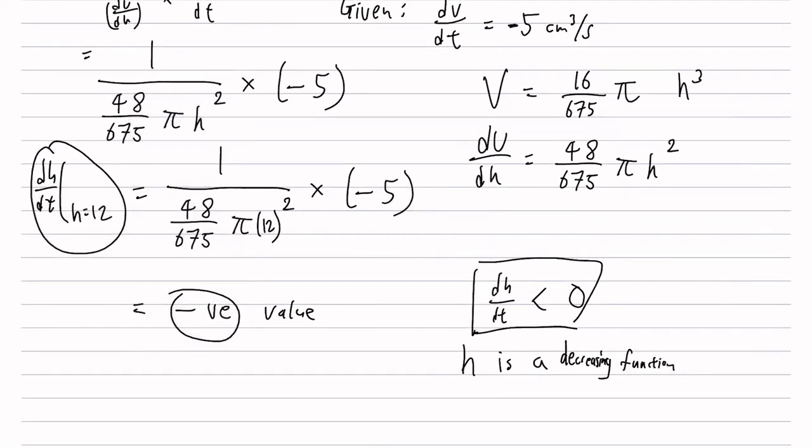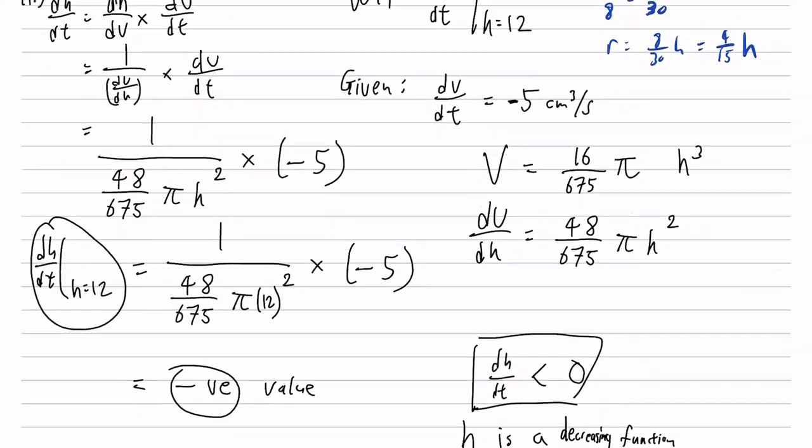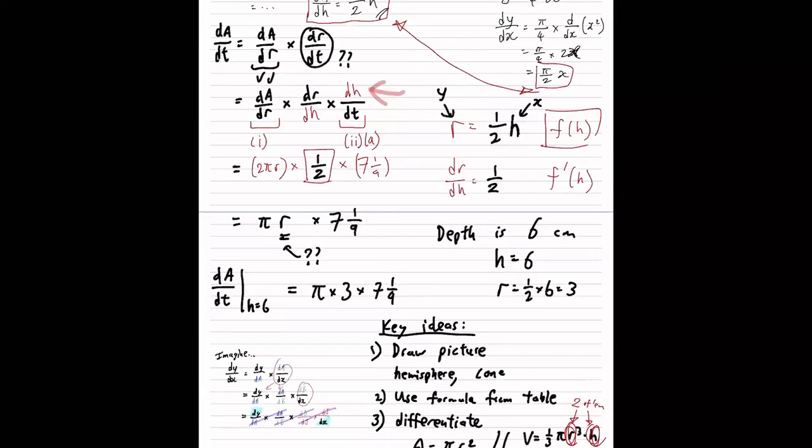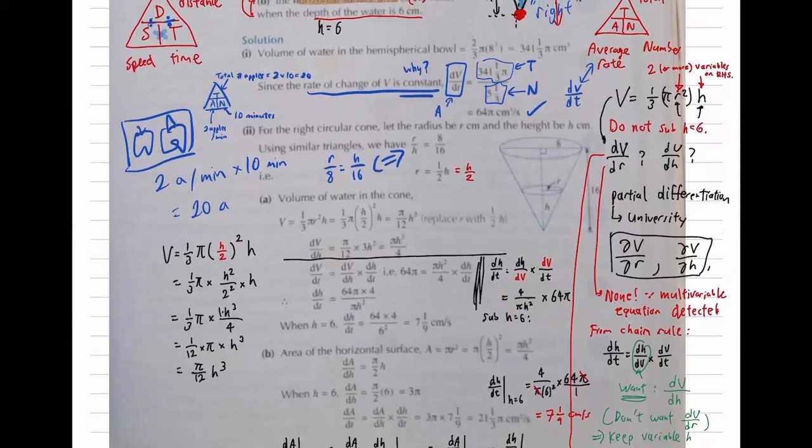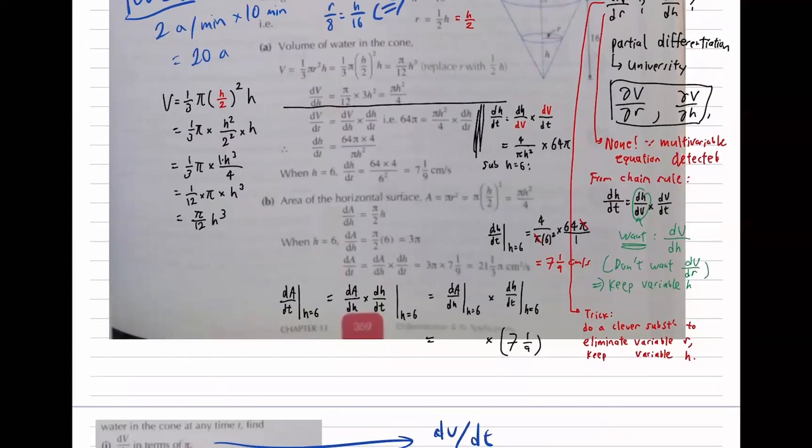You had to do a substitution, especially for part A, you have to substitute the R to get it purely in terms of H. That's part 1, express V in terms of H. The part that's different is part B. You need to convert into H first and then dA by dH, which is a little bit more difficult. I'm not sure if you'll get to see that kind of difficulty in question 15.